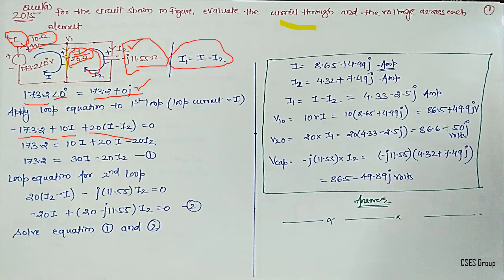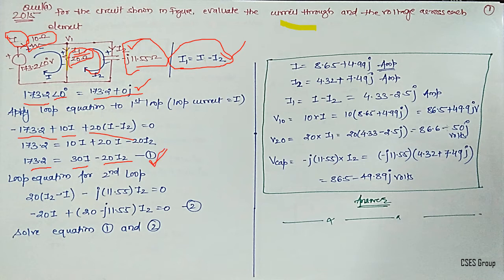See, with three unknowns you need three equations, so this is the third equation. I am using it in the first step so that I end up with only two unknowns: two linear equations and two unknowns. That's why I am replacing the I1 value here. If you simplify it, you will end up with 173.2 equals 30I minus 20I2. That's equation number 1.